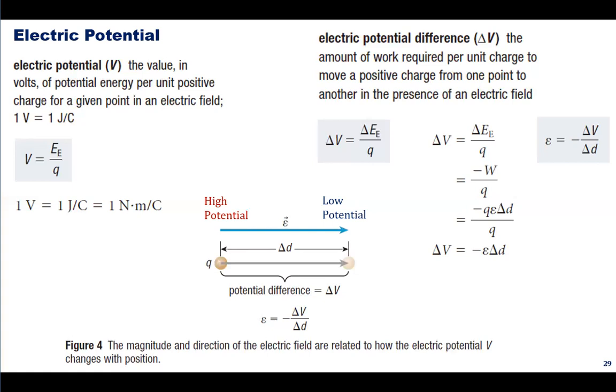Electric potential, or just potential, is a convenient measure because it's independent of the amount of charge at a particular location in the field. It depends only on the electric field strength at that location.